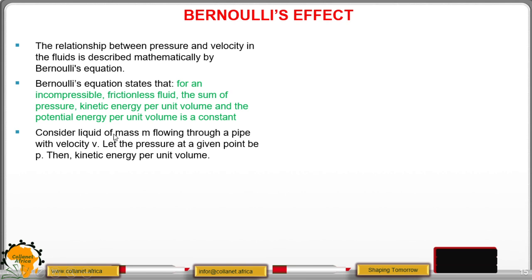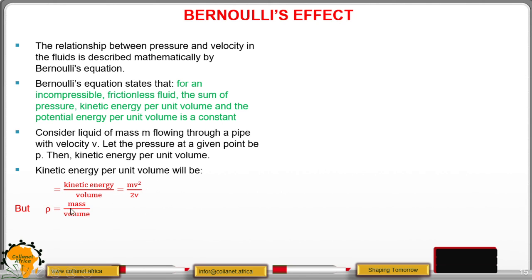Consider liquid of mass m flowing through a pipe with velocity v. Also, let the pressure at a given point be P. Then, kinetic energy per unit volume will be given by kinetic energy divided by volume. The formula for kinetic energy is a half mass times velocity squared.